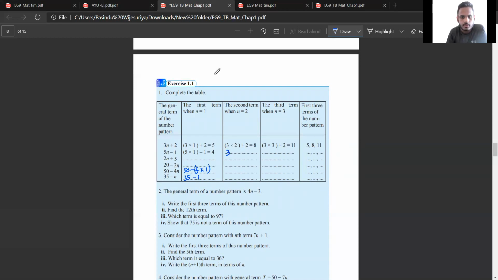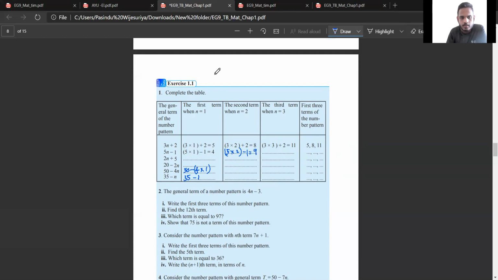Second term: oh, sorry, it's different. Here it's 5 into 2 minus 1, which is 10 minus 1 is 9.